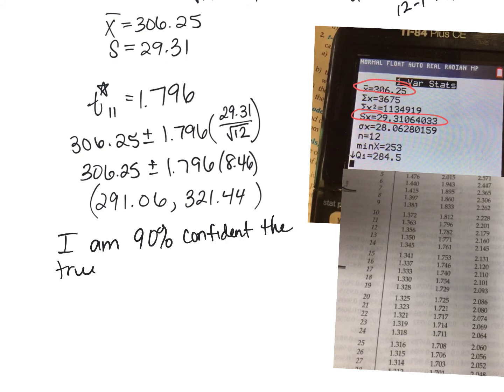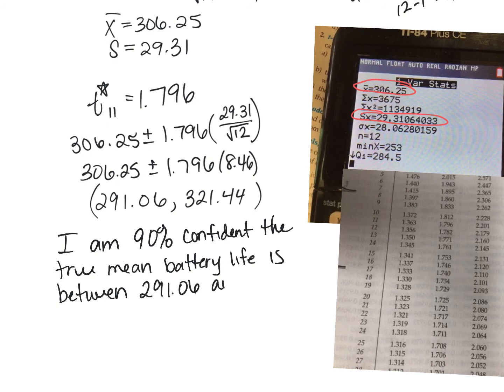The true mean battery life is between 291.06 and 321.44 minutes. Make sure you include your units. Minutes, sorry, it is minutes.